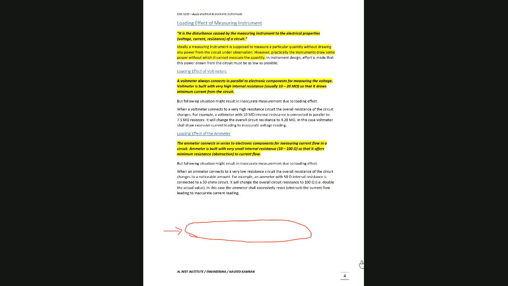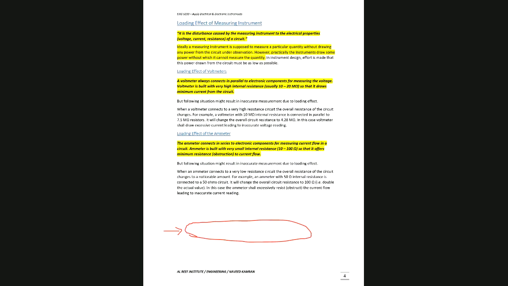In ammeter, you are connecting it in series to the circuit. When it is in series, it means it is on the same line. If you don't want to disturb that line, you would like to keep the ammeter resistance as low as possible so that it does not obstruct the current flow. So the ammeter resistance is kept very small, in the range of 10 to 100 ohms.